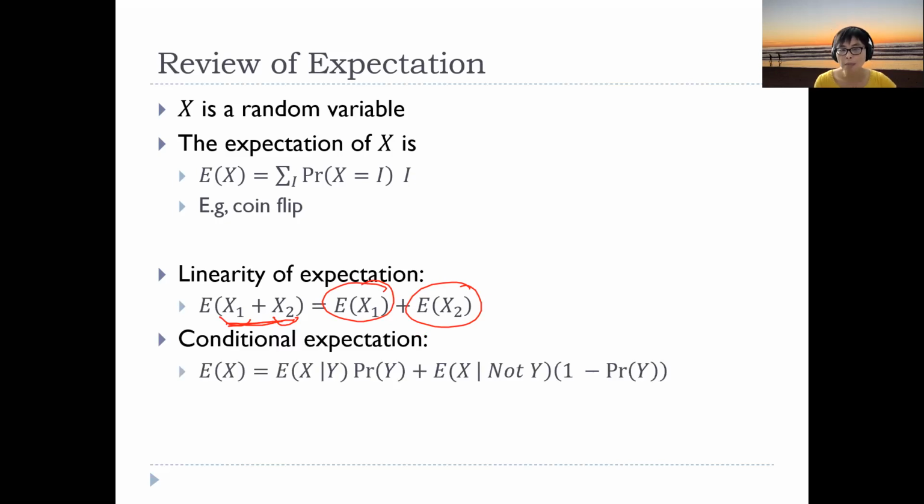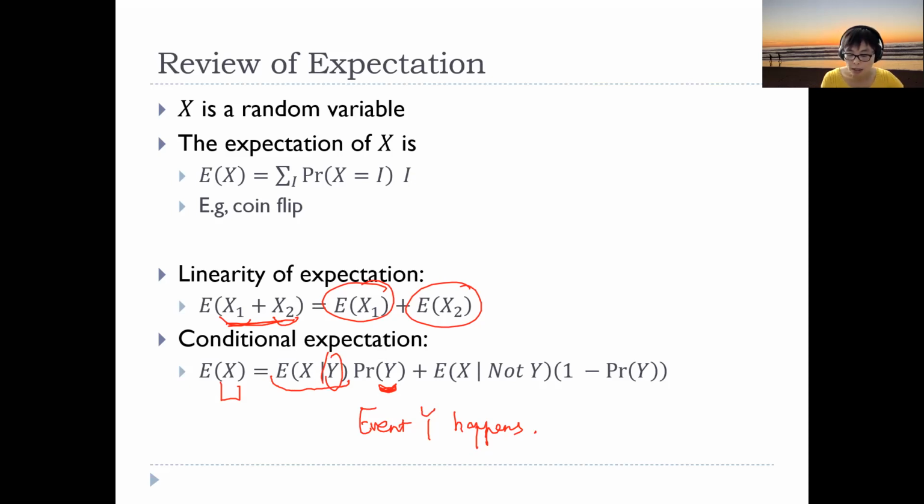The second property is so-called conditional expectation. Say you want to compute the expectation of a random variable X. If event Y happens, I know the expectation of X conditioned on Y happening.